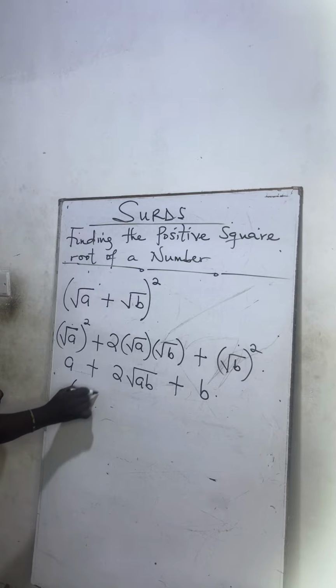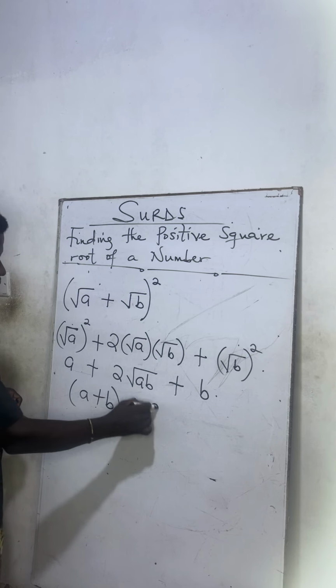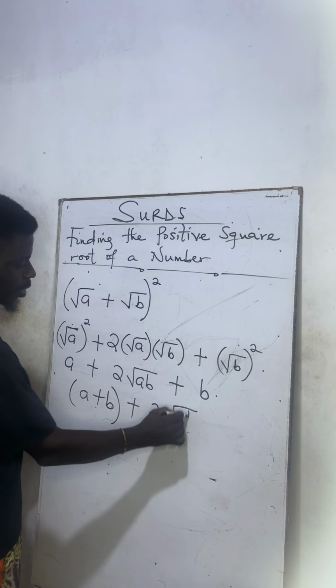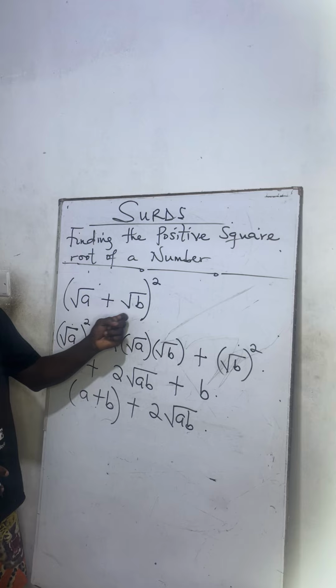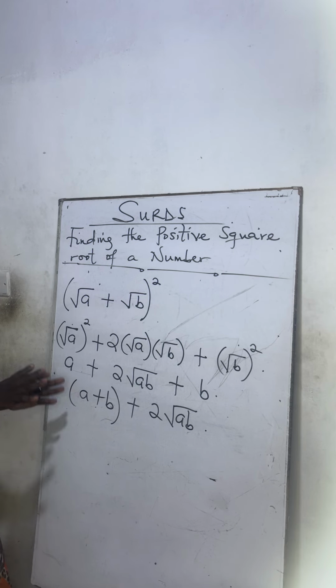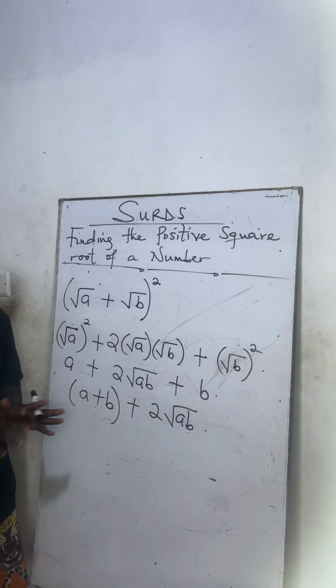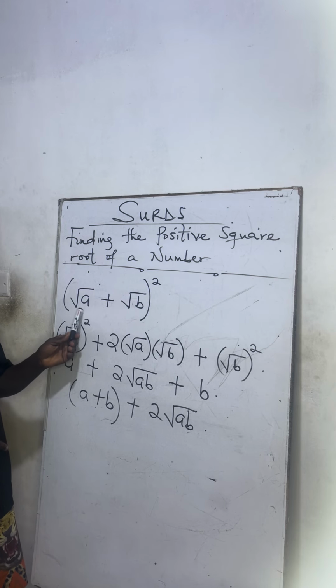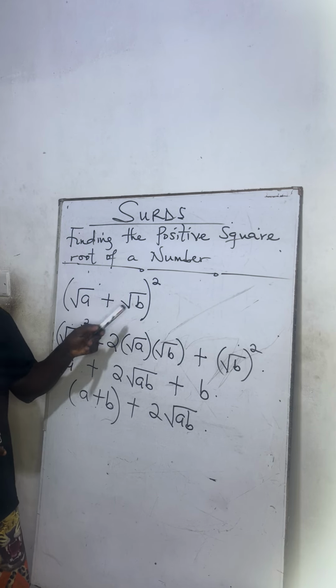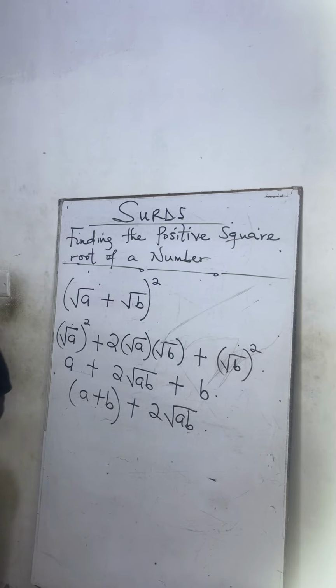So we get a plus b, then plus 2 times square root of ab. So this is what we have. If we have square root of a plus square root of b all squared, we'll be using this a lot in our studies.